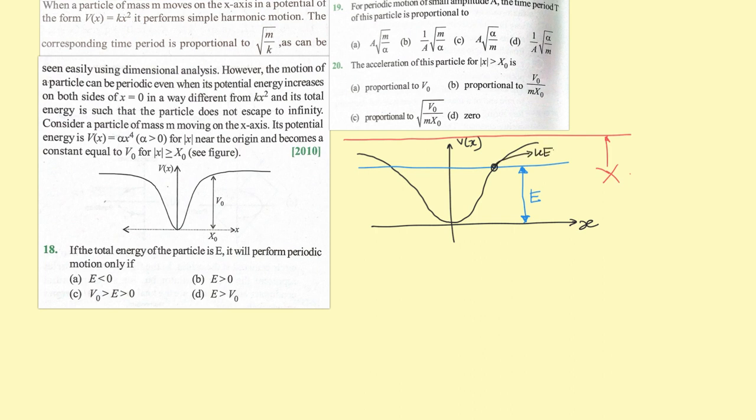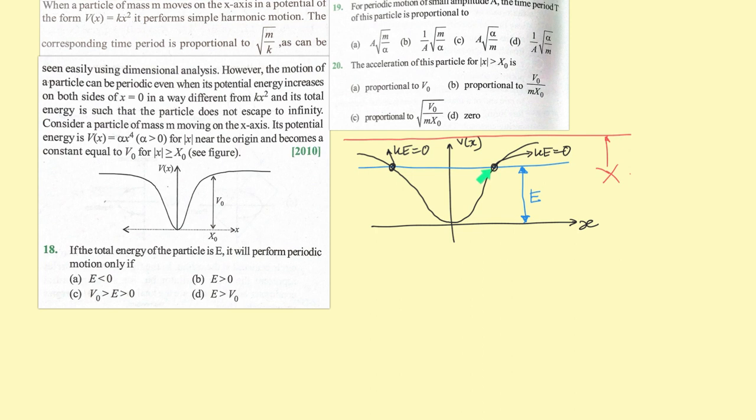At this point kinetic energy is equal to 0, and at the other point where this blue line intersects the potential energy line, there also kinetic energy is equal to 0, because total energy is equal to E and this curve is that of the potential energy.